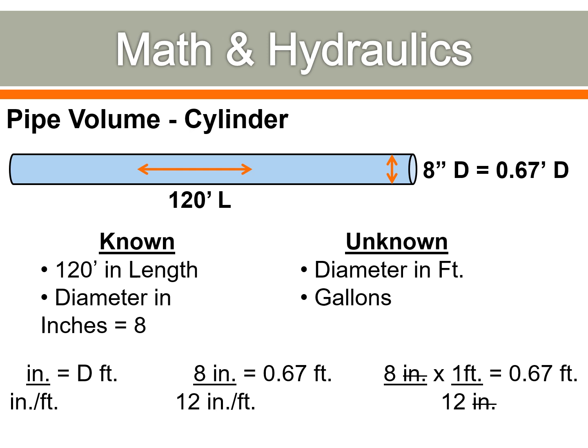As you can see, our knowns are the length of the pipe and the diameter of the pipe. Our unknown is the diameter in feet and the number of gallons if we were to solve for gallons instead of cubic feet. You can see down at the bottom how I break it down for you, how to convert from inches into feet. If you haven't done so already, pay attention to that and that will get you there.